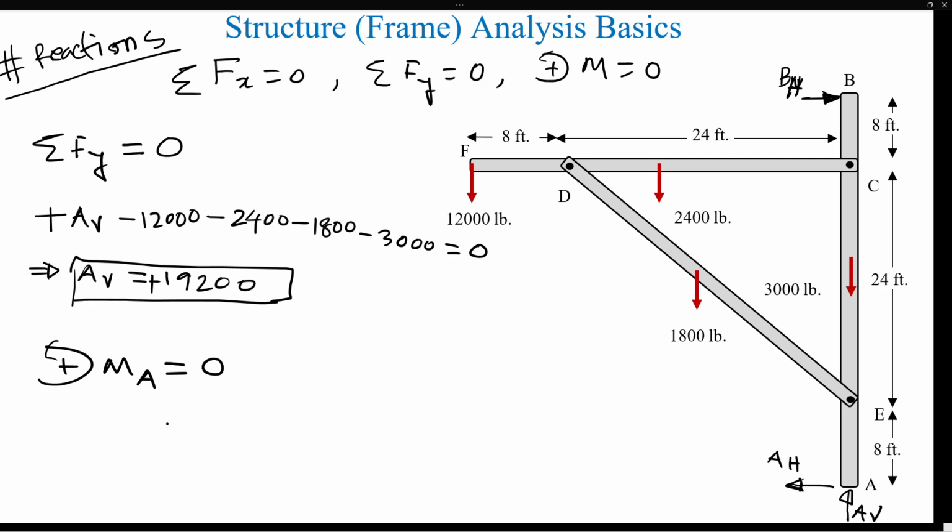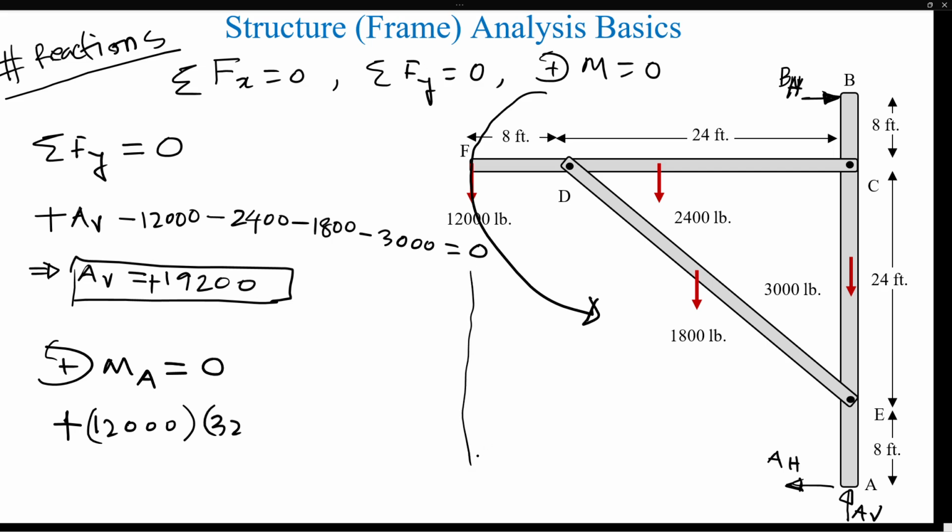So let's take moment at A. The 12,000 pound force will do a counterclockwise moment, so that will be a positive moment, 12,000, and that is 32 feet from A. That's the line of action of this force.